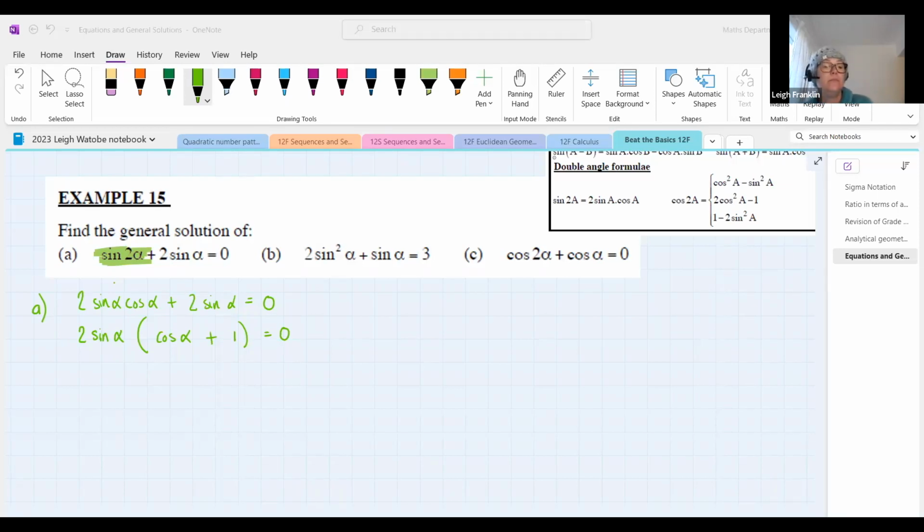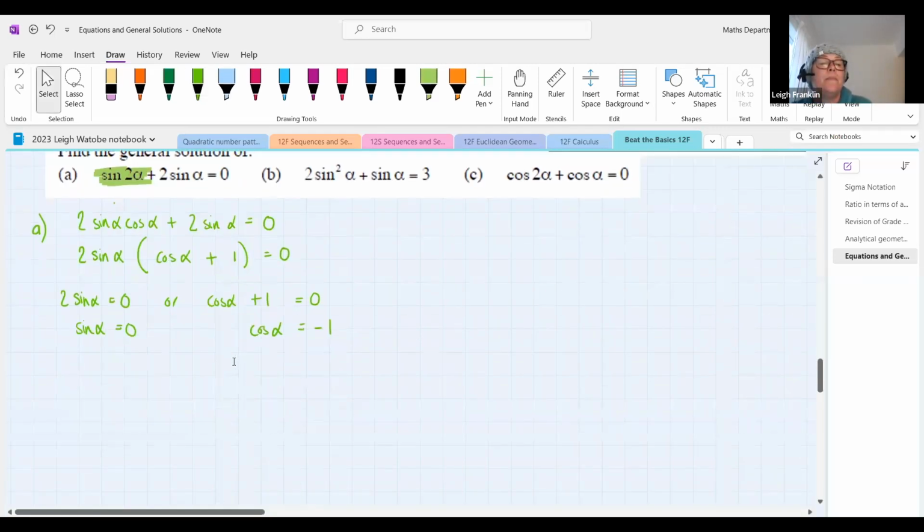Now that we factorized, we can say either 2 sine alpha equals 0 or cos alpha plus 1 is 0. So either sine alpha is equal to 0 or cos alpha is equal to negative 1.